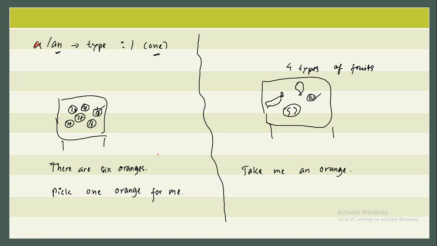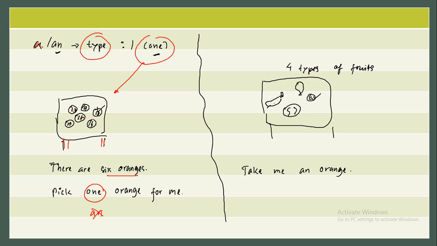So that's the first one I have provided here. Now when we are dealing with a and an, we are dealing with the type. We are not dealing with the numbers. So remember, I'm going to compare this. Dealing with the number, we can see this one. I have made a simple table, and there are 1, 2, 3, 4, 5, 6, so there are 6 oranges. I say to you, pick one orange for me, meaning just one. Why do I not use an?